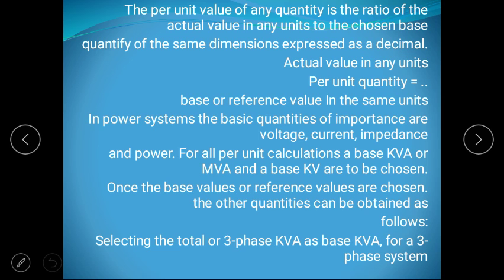For all per unit calculations, a base MVA and base kV are to be selected. Once the base or reference values are selected, the other quantities can be obtained as follows. Select the total three-phase kVA or base kVA for a three-phase system.